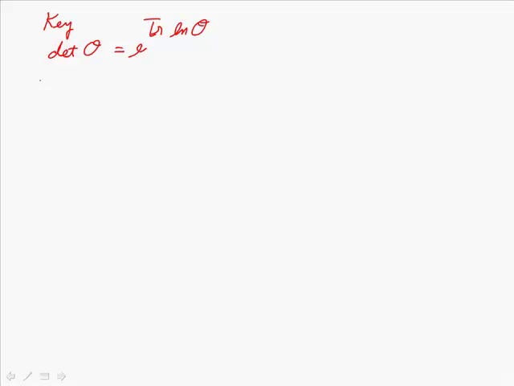But first, to prove this, the easiest way to prove it is you diagonalize O. That leaves the determinant unchanged.